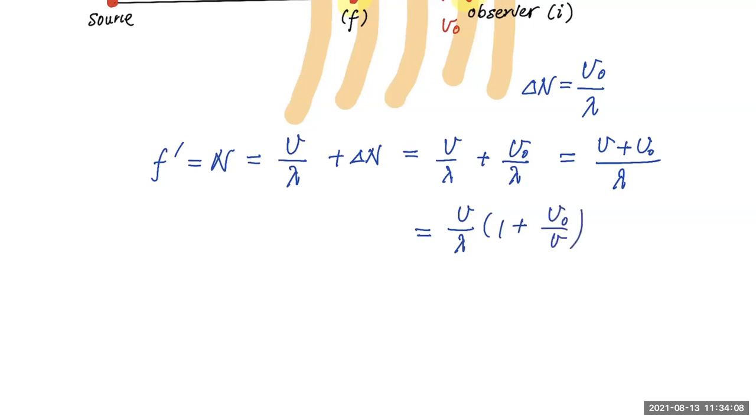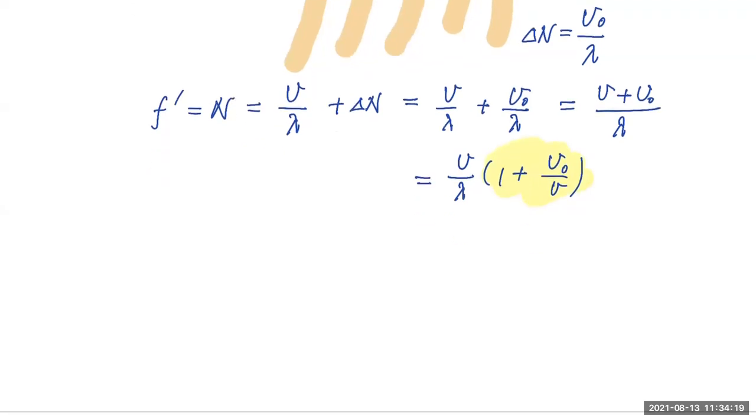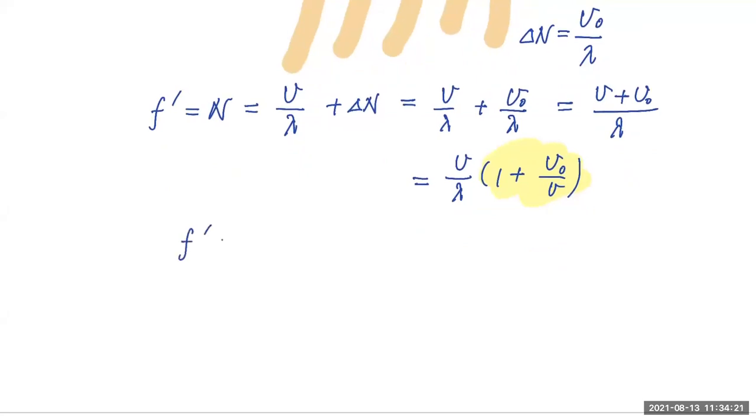Okay, so you get this additional factor here, which is greater than 1 in this case, multiplied by the original frequency f, which is v over lambda. So I have f prime equals f times this factor of 1 plus v observer over v.